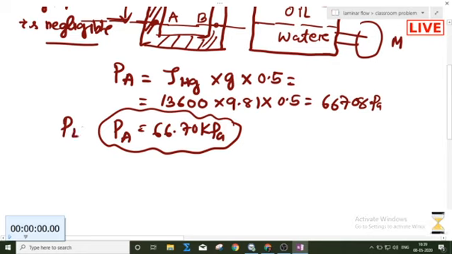That is nothing but the pressure at point L.